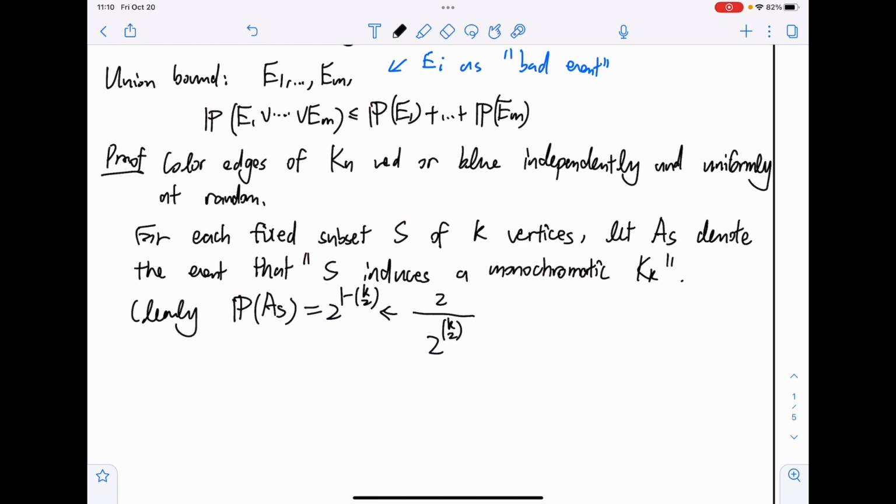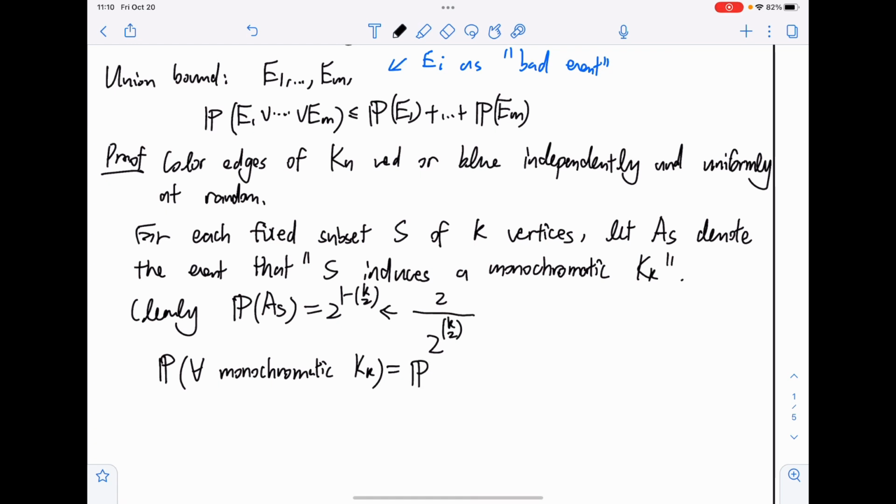Then we can use the union bound. The probability that there exists a monochromatic K sub k is the probability of the union of all the A sub S, where S ranges over all subsets of {1, 2, ..., n} with size k.